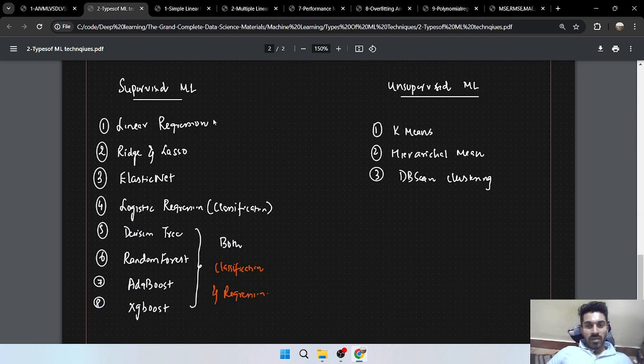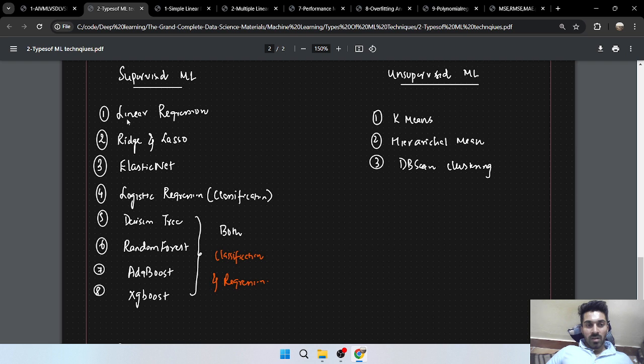Basically, the model will train on this data. So in supervised machine learning, these are the algorithms that come under it: linear regression, logistic regression, ridge and lasso. Basically, ridge and lasso are not algorithms, they are regularization. If your model is overfitted, then we can use ridge and lasso to optimize it.